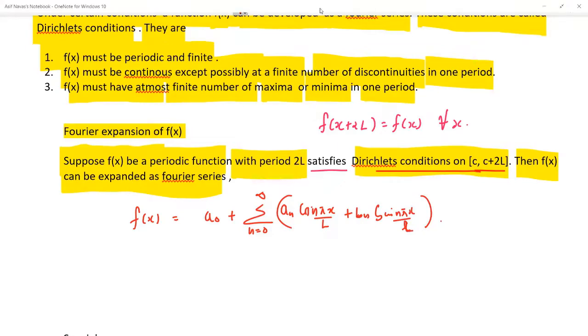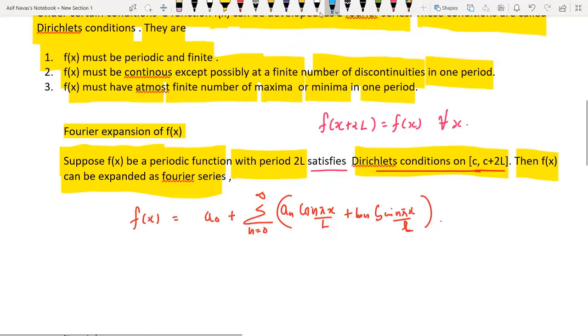Now here a naught, an and bn are unknowns. If you know a naught, an and bn, we can find the Fourier series for any function which satisfies Dirichlet conditions.